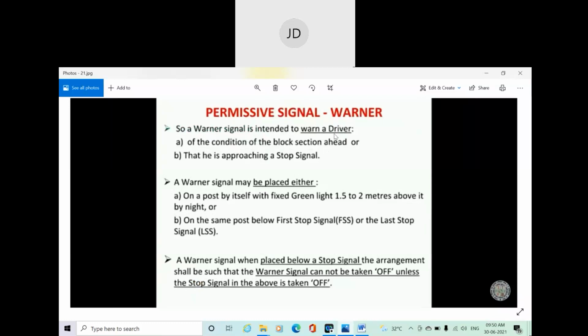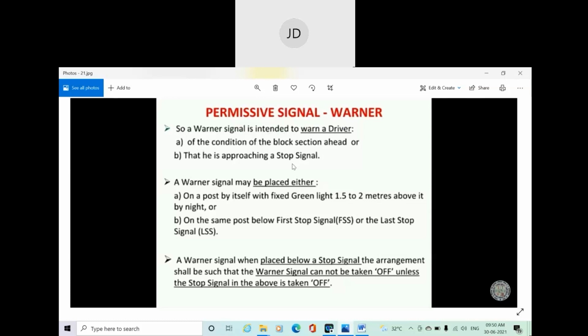So what information can a warner signal give? Basically, a warner signal is intended to warn a loco pilot about the condition of the block section ahead, or whenever he is approaching a stop signal. That means a warner signal can also be installed ahead of a stop signal or ahead of a block section, or a railway station basically.